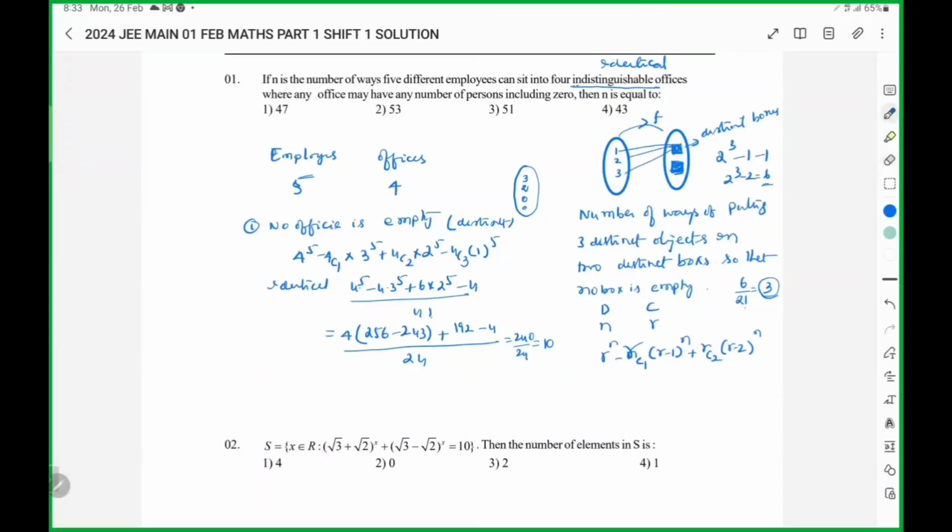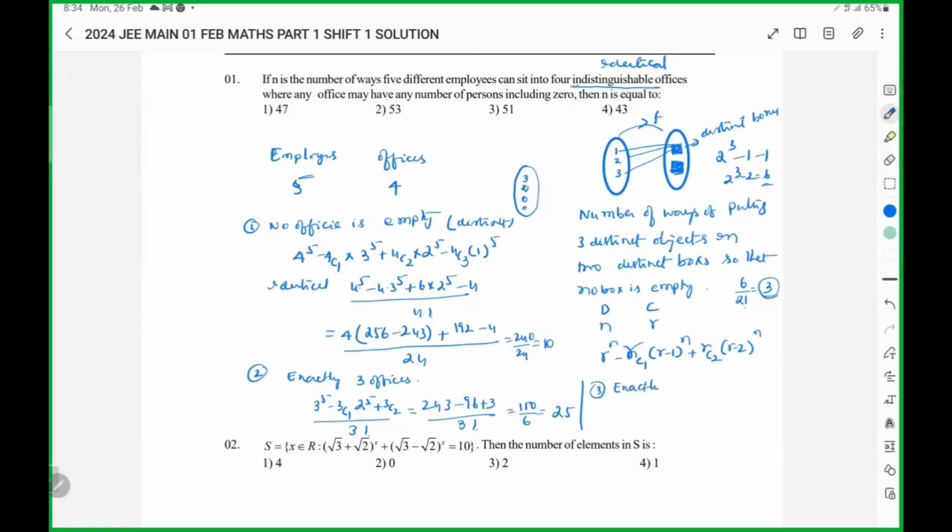So second case, exactly all employees are adjusted in 3 offices instead of 4 offices. 3 power 5 minus 3C1 into 2 power 5 plus 3C2 into 1 power 5, by 3 factorial. 243 minus 3 into 32, 96, plus 3, by 3 factorial, 150 by 6, 25.